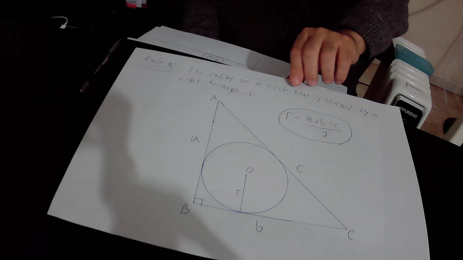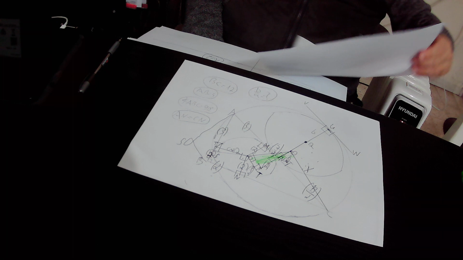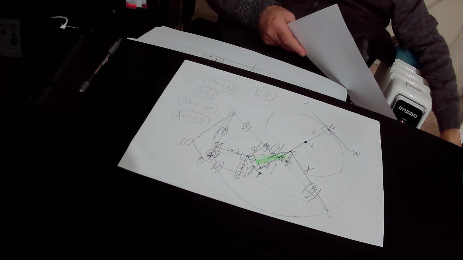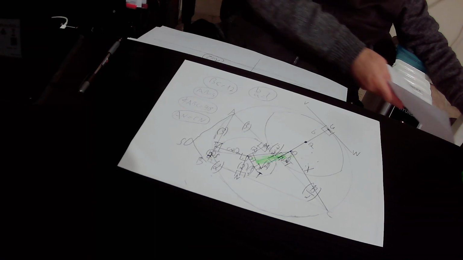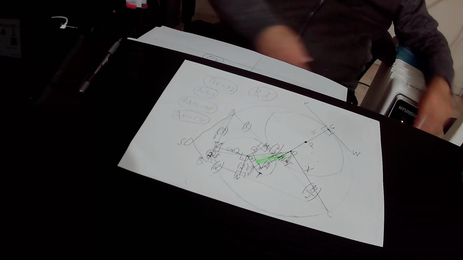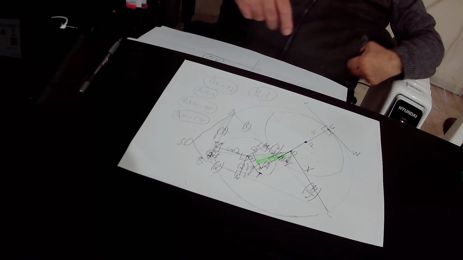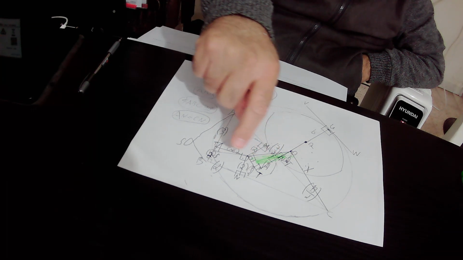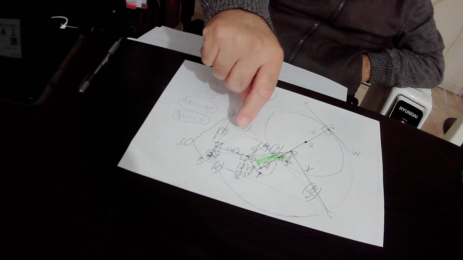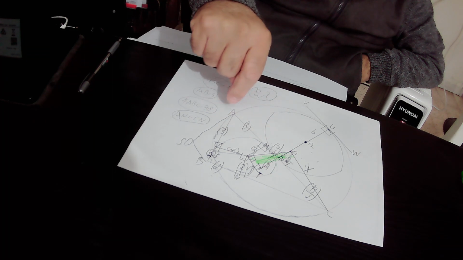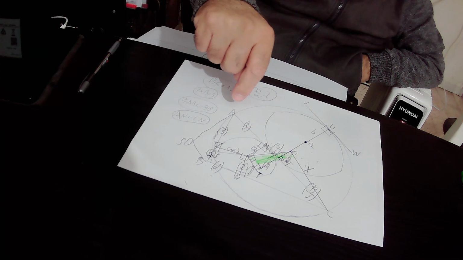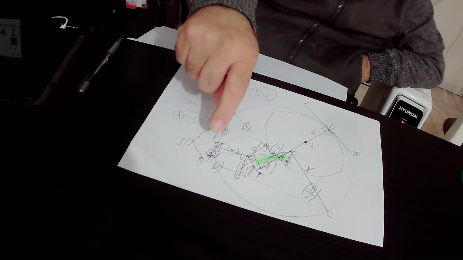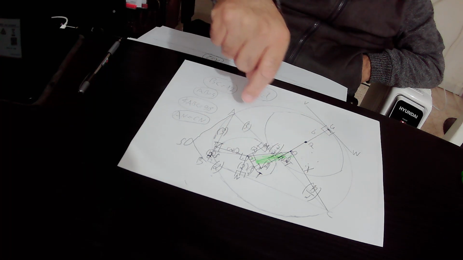We can implement rule number 8 in our drawing. Because in our drawing we have the right triangle ABC that blocks this circle, the radius of this circle is R. So we can know the value of R only by knowing the side lengths of the right triangle ABC. That is to say, the radius R will be equal to AB plus BC minus AC over 2.